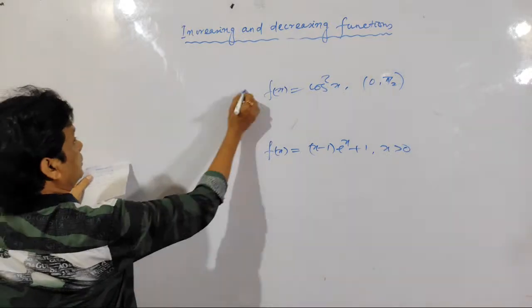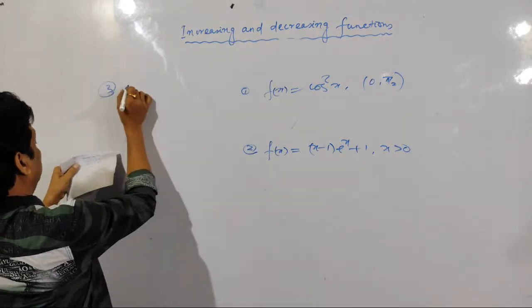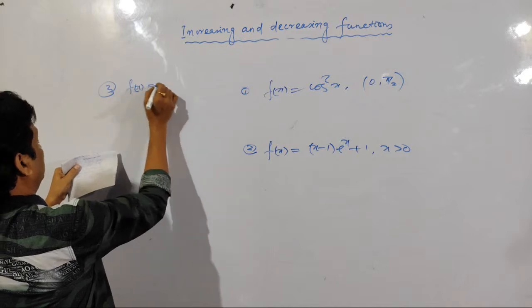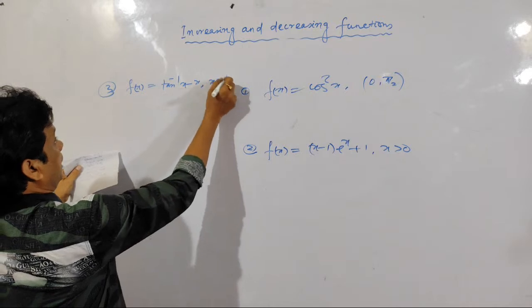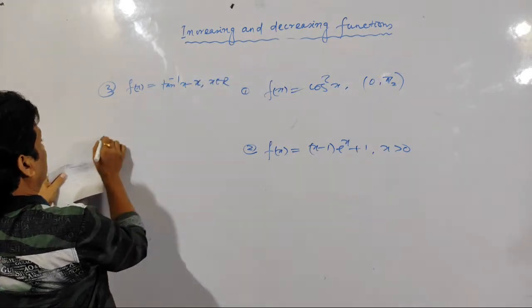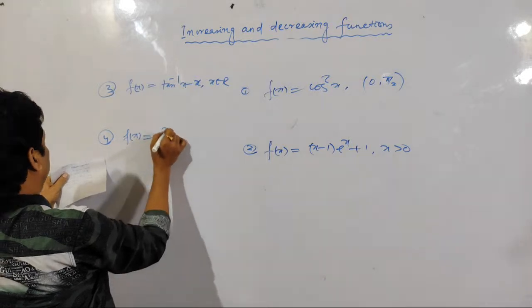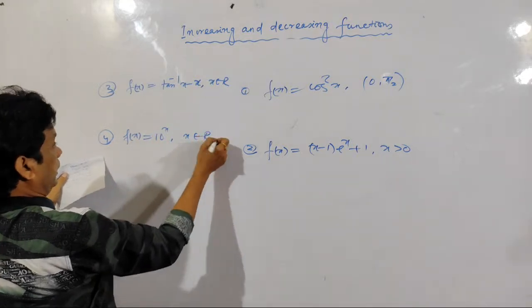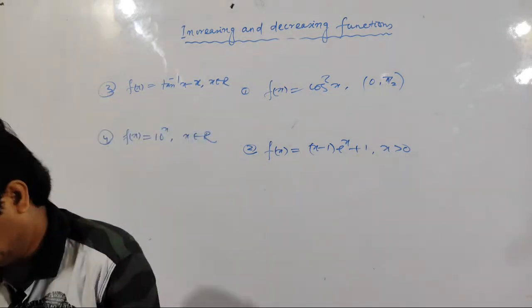Number 3: f of x is equal to tan inverse x minus x when x belongs to R. And number 4: f of x equal to e to the power x when x belongs to R. Now please do it.